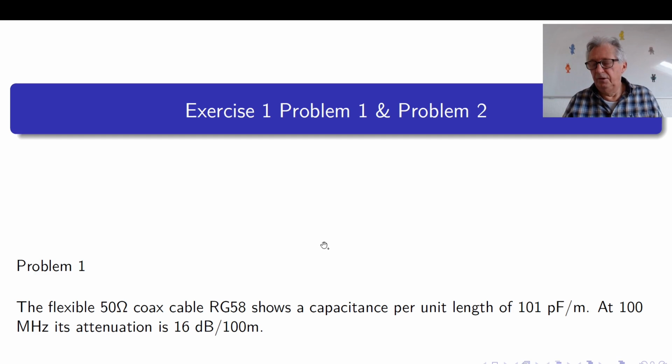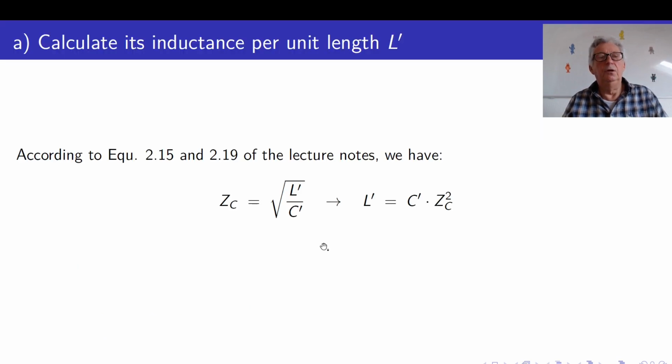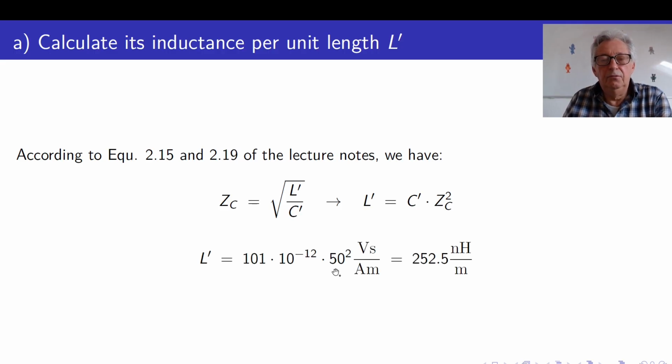And in our first point we want to calculate now its inductance per unit length. To calculate the inductance per unit length we use the equation for the characteristic impedance. Since we know the characteristic impedance and also the capacitance per unit length, we can solve for the inductance per unit length, which would be given by this equation. Of course then we can insert our numbers here.